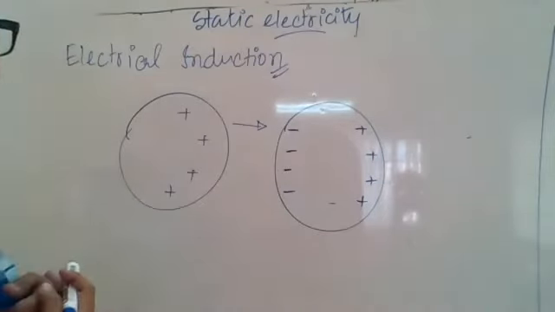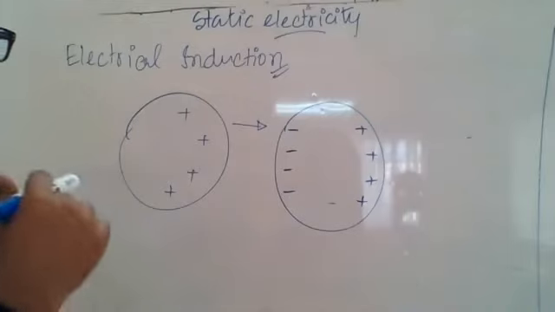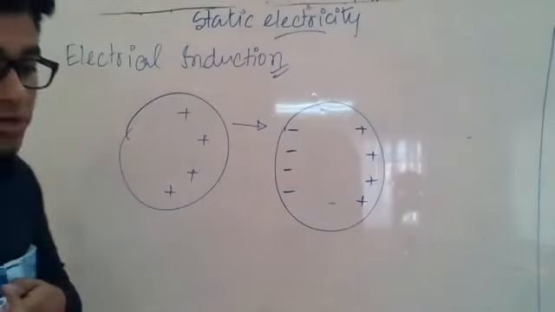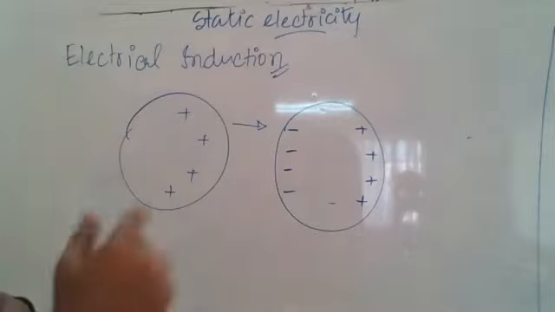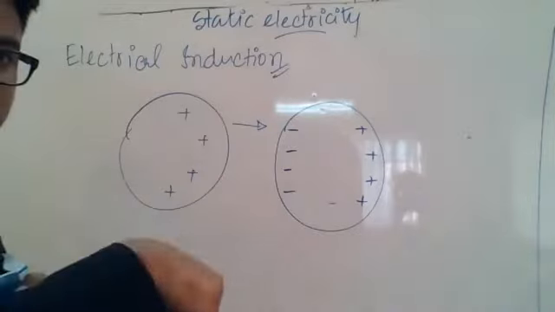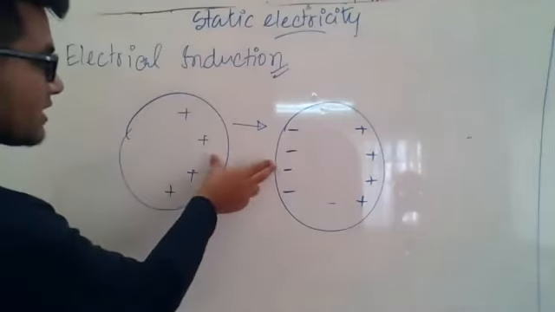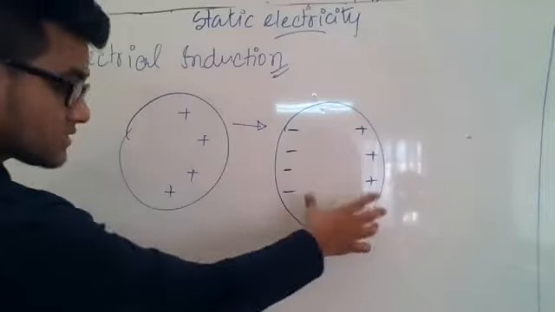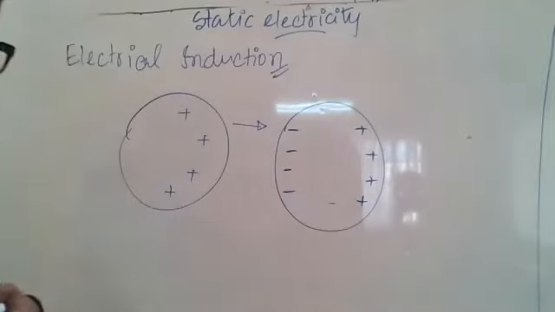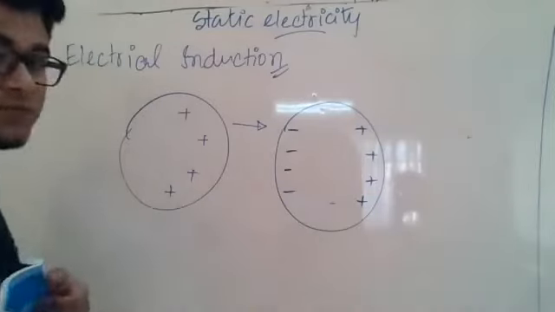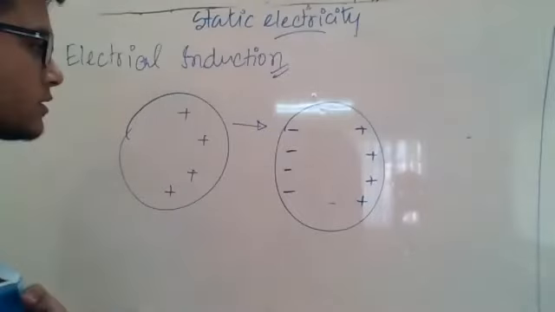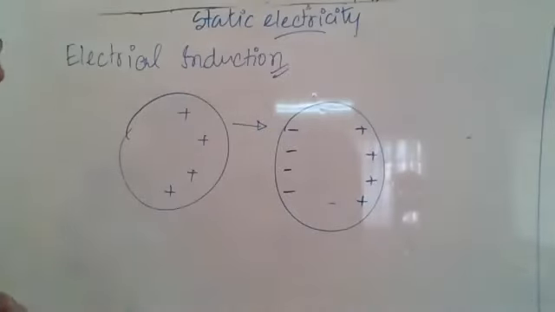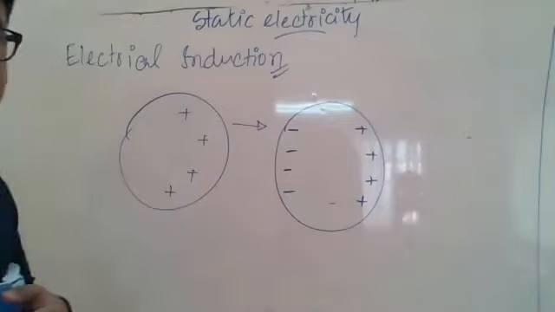Actually, we know this from Newton's law of gravitation: the attraction force between two bodies is inversely proportional to the square of the distance between them. So as the distance increases, the force goes down. Here the distance is less, so the attraction force will be higher. Here the distance is more, so the repulsion force will be lower. As a result, the attraction force will overpower the repulsion force, and the paper will start jumping.